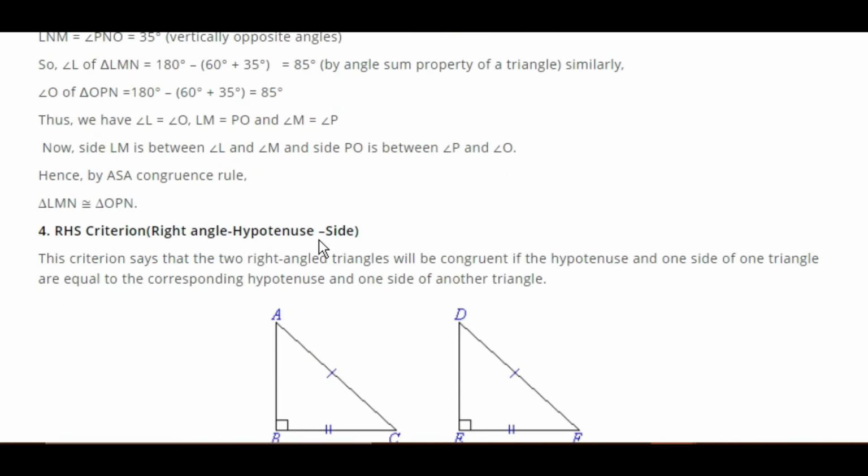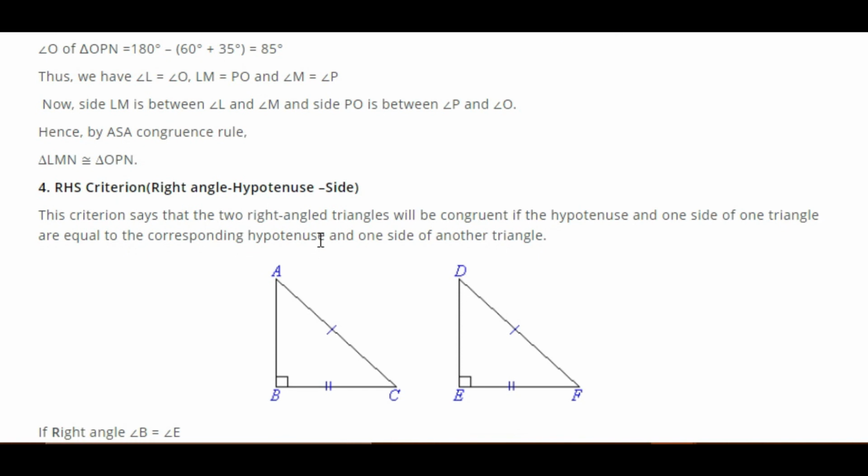Now the last criteria, right angle hypotenuse side, RHS criteria. What does this criteria say? Among the two sides excluding the hypotenuse, one should be equal. Here we have taken BC and EF. In this triangle we have BC and in this triangle we have EF.